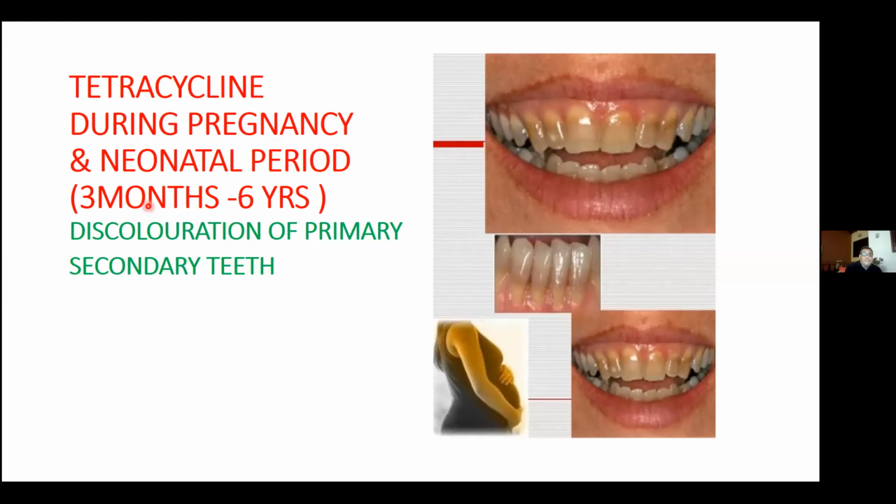If the neonate is given these antibiotics within this period, you get discoloration of teeth, both enamel and dentine in the permanent teeth, which is irreversible and an esthetic manifestation to the patient.